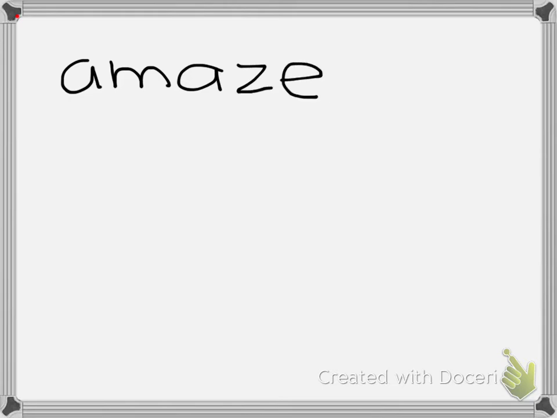Now I'm going to use a couple of examples from our benchmark week or unit 14 week 17 list that follow those rules. So, for example, if we wanted to think about the first rule of dropping the silent E. I'm going to write a base word on our virtual whiteboard here, the word amaze.